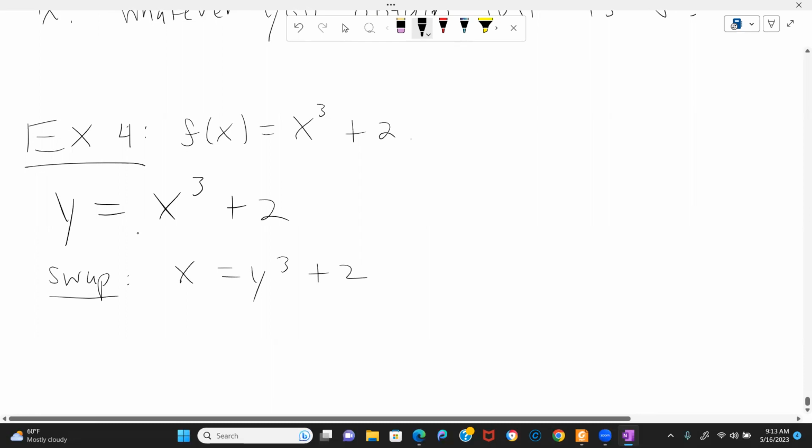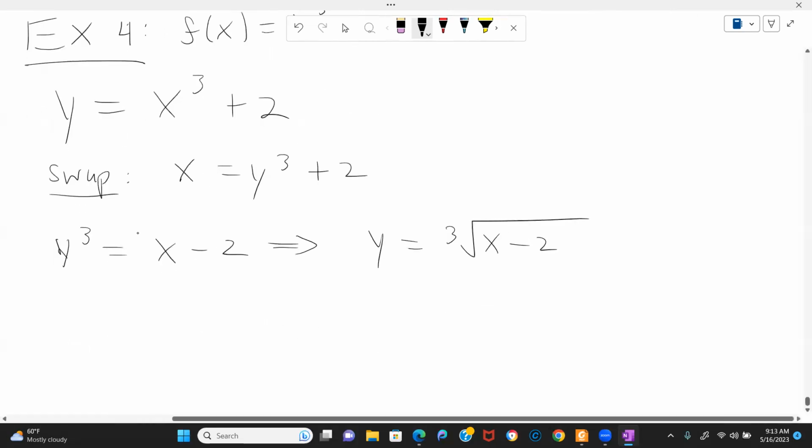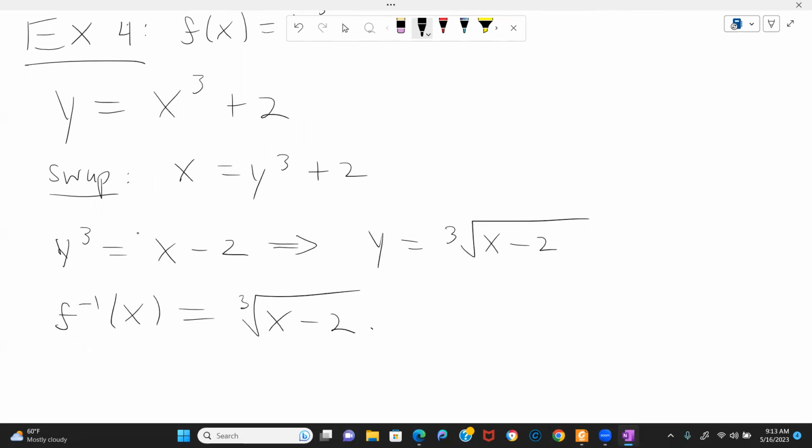Now we solve for y in terms of x. I'm going to subtract 2 from both sides, so you get y cubed is equal to x minus 2. Then I take a cube root to get the cube root of x minus 2. That's y, and this is going to be your inverse. So f inverse of x is the cube root of x minus 2. So that's how you get that.